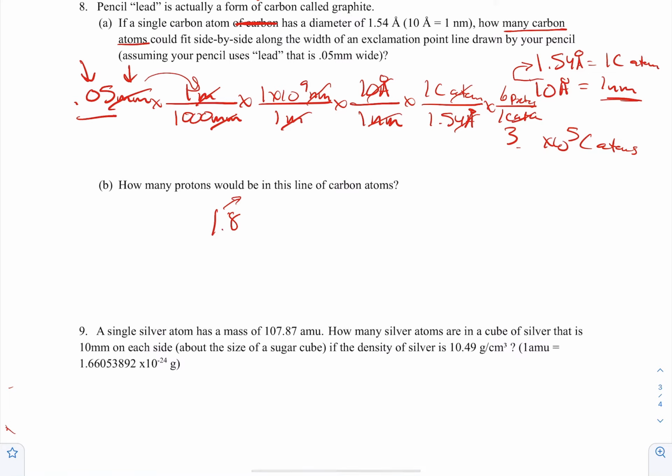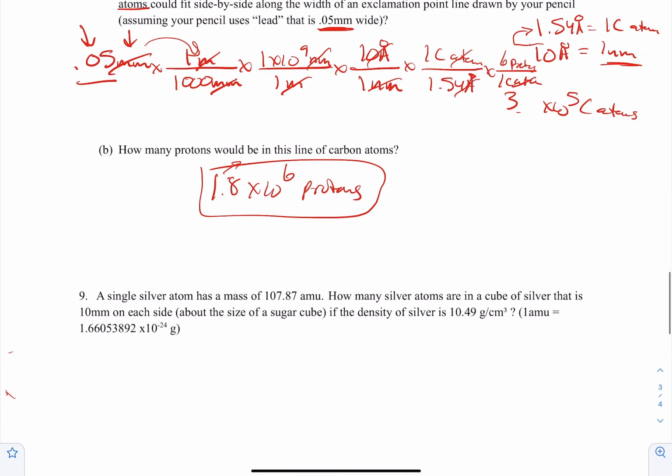We'll just leave it here, 1.8 times 10 to the 6th protons. All right, so that's how you'll go about that. Typically on a question they'll actually give you a number that's a little more specific with more sig figs, so they won't be quite this general. But that's generally how we do this dimensional analysis here, okay?